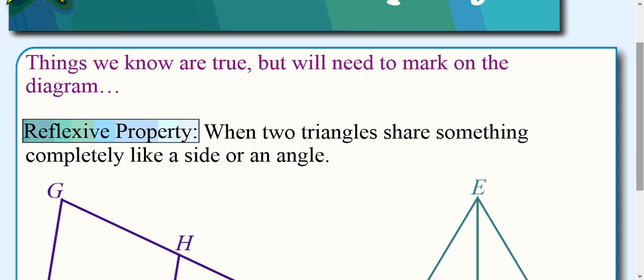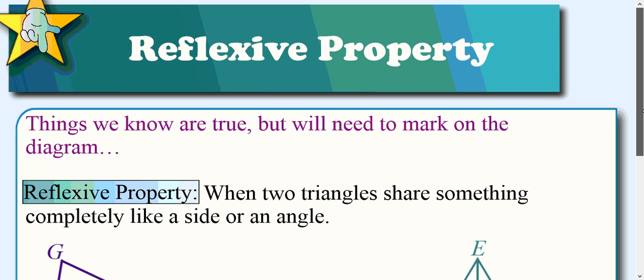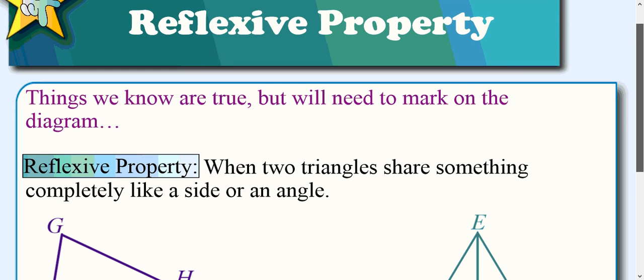So a key part that we're going to be using in all of our proofs is reflexive property. Reflexive property and vertical angles and alternate interior angles are going to be used a lot. One of them, if not more than one, in every single proof.